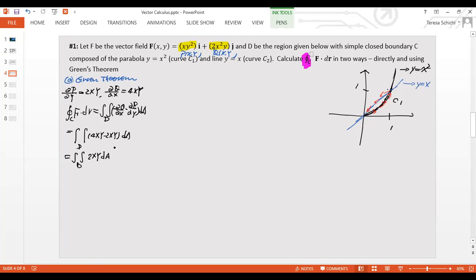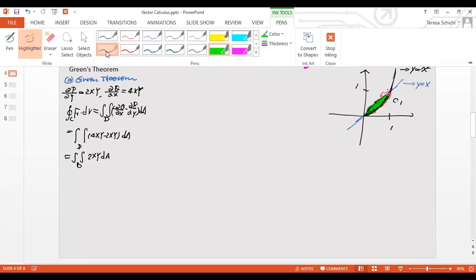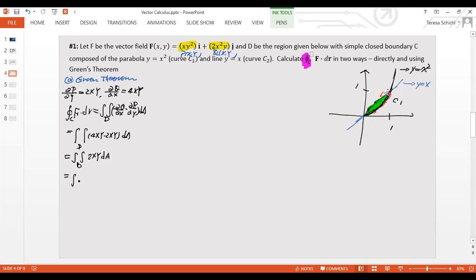This is back to Calculus 2, where we are integrating over these areas. So now I can do it, and this becomes very easy. This is 2xy, and you can say, I want to integrate dy first, then dx. It becomes what we learned in Calc 2, how to find the integration over the region.